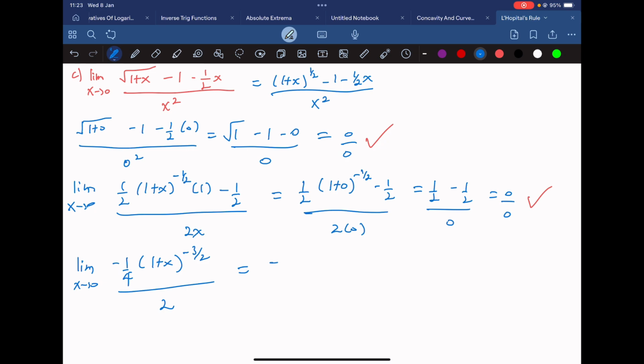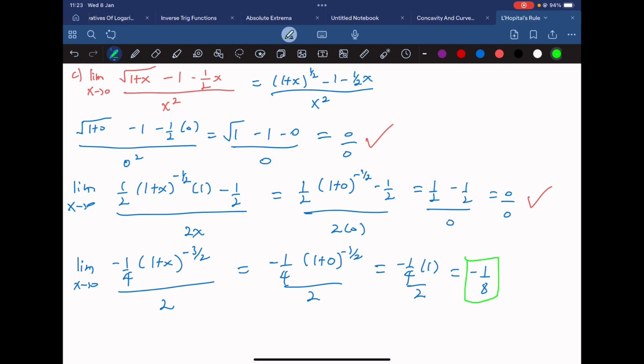So now if we put in 0, we have negative 1/4 times (1 + 0) raised to the power negative 3/2, over 2. So we have negative 1/4. Remember, 1 + 0 is 1, and 1 to the power of any number is 1. So we have negative 1/4 multiplying 1/2. So this is just negative 1/8. And this will be your answer.